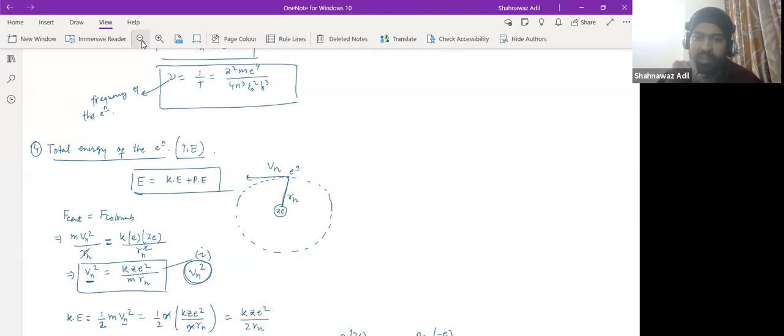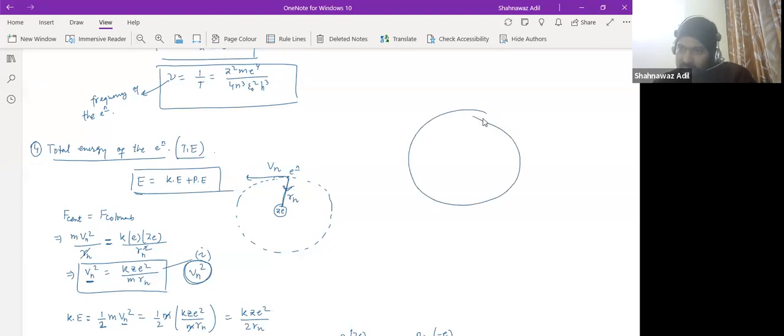Sir, what is that Vn square? Oh, Vn square. So what did we do? We compared, because this Coulomb force is providing the centripetal force, right? Whenever something is moving in a circular orbit, something is pulling it towards the center. That is the centripetal force. So in our case, what is providing this centripetal force?